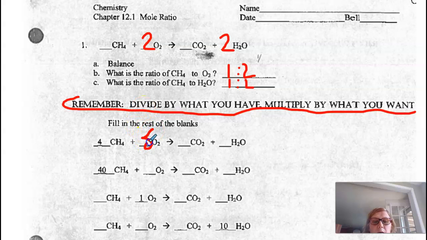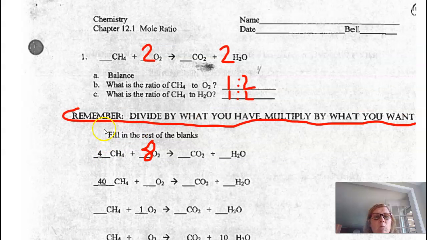Again, for CO2, the ratio is 1 to 1, so 4 divided by 1 is 4, times 1 gives me 4. That's because the ratio of CO2 to CH4 is 1 to 1, and water will be the same as O2 because the ratio is 1 to 2.